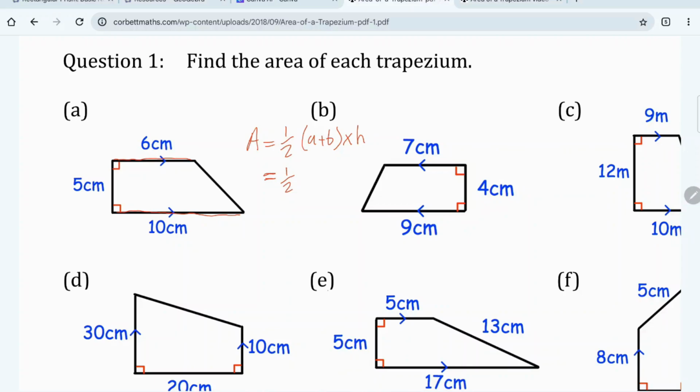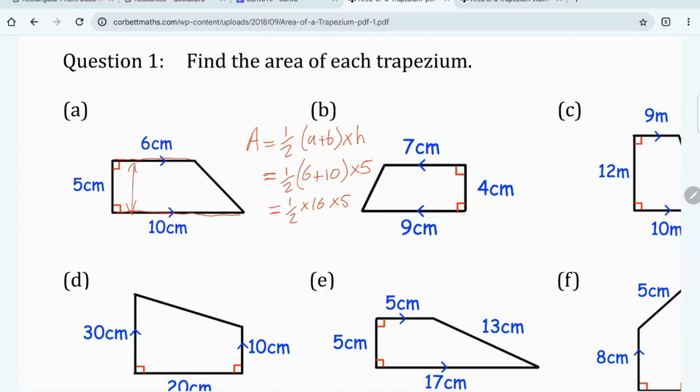They're not going to cross over, they're not going to overlap. So we have 6 plus 10 times the height. The height is the distance between the two parallel lines, and as we can see is 5. So we do half times 16, 6 plus 10 is 16, times 5.